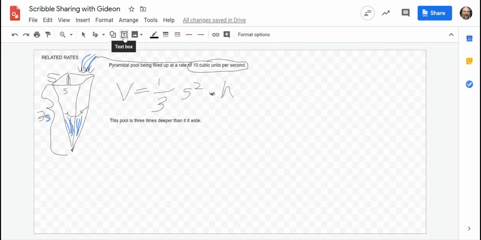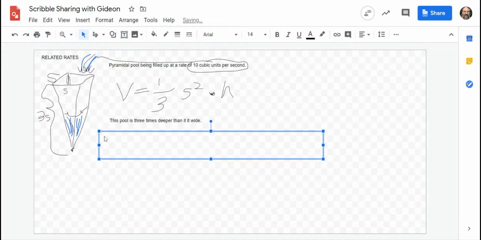And then the final fact, the final question, the final related rates question. How fast is the width of the water's surface changing when it is 15 units deep?